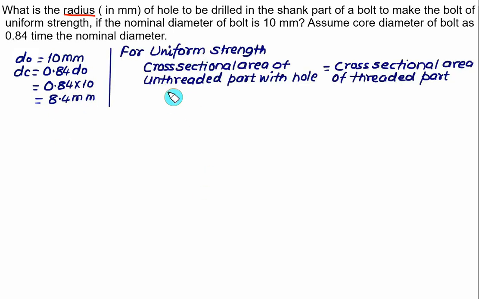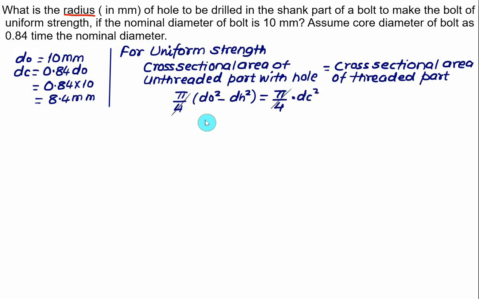For uniform strength, we equate the cross-sectional area of the unthreaded part with the hole to the cross-sectional area of the threaded part. That is, pi by 4 multiplied by Do square minus Dh square must equal pi by 4 into core diameter square. Again pi by 4 and pi by 4 cancel out.